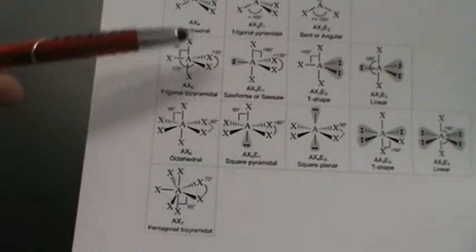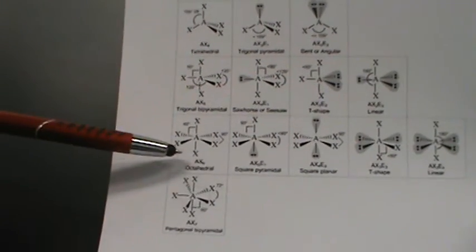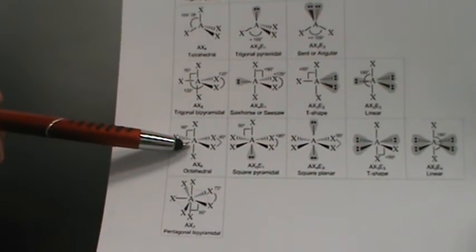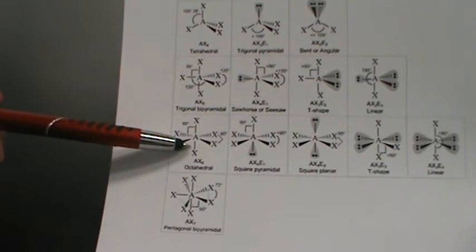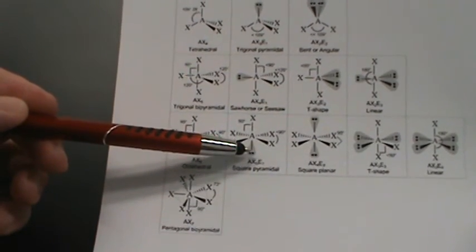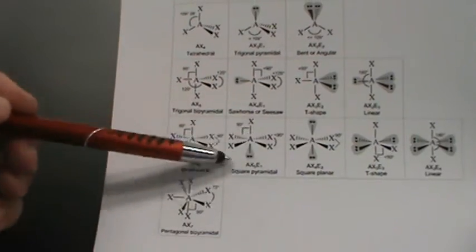So we have a grand total of 6 things coming off of the iodine. The shape that has 6 things coming off of it in the leftmost column is octahedral. One of those things is a lone pair, so we move one spot to the right, and our VSEPR shape for IF5 is going to be square pyramidal.